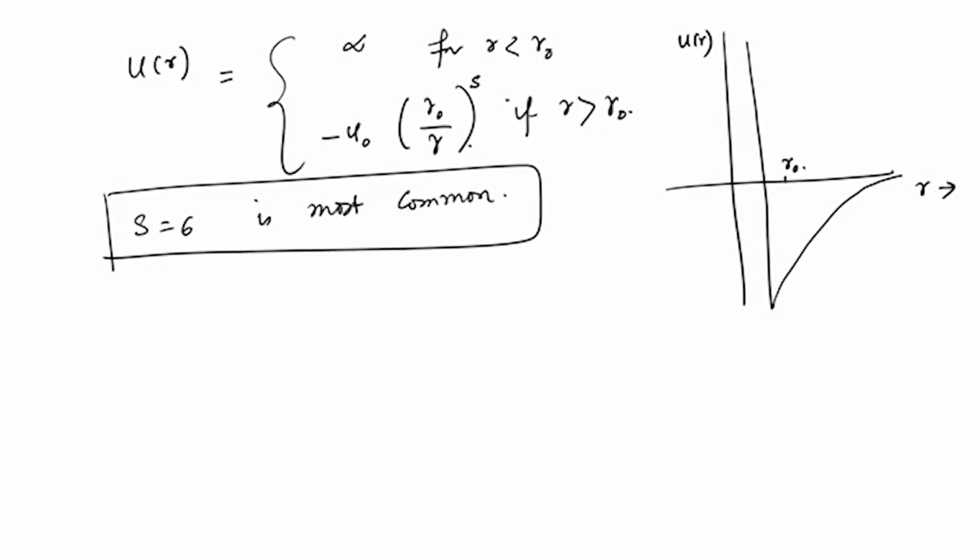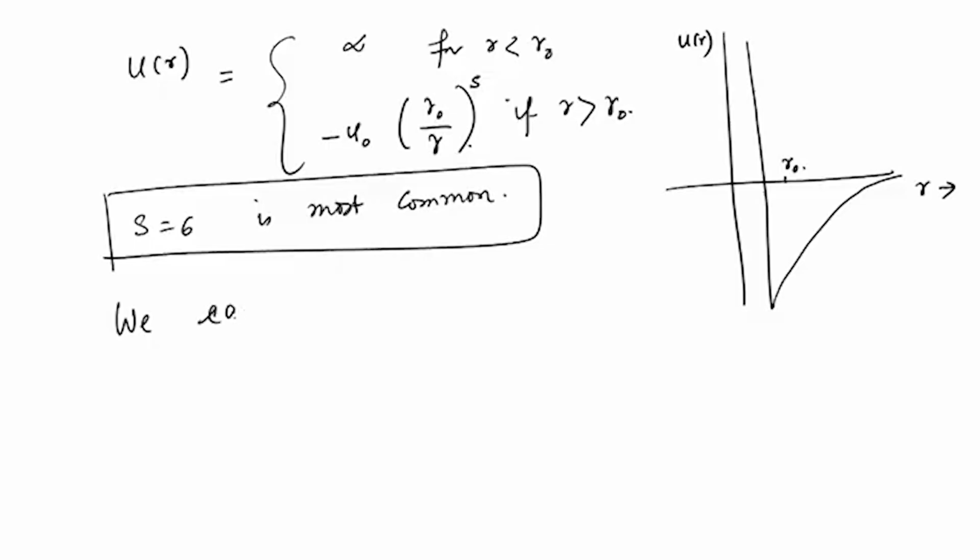So, U of R, instead of the form shown in the Lennard-Jones, is modeled by just a sharp drop of the potential from a positive to a negative value at R 0. Okay. And as I said, s equal to 6 is most common.